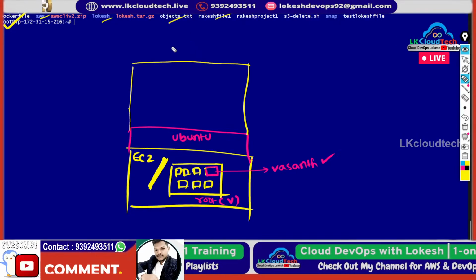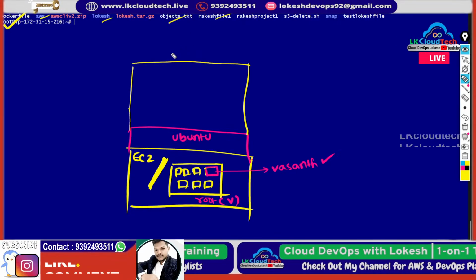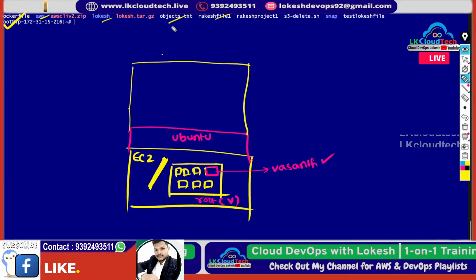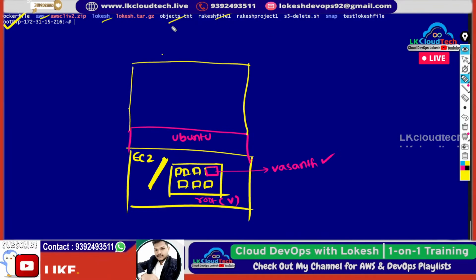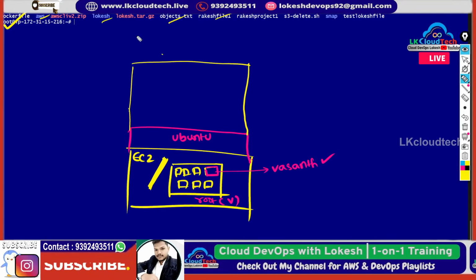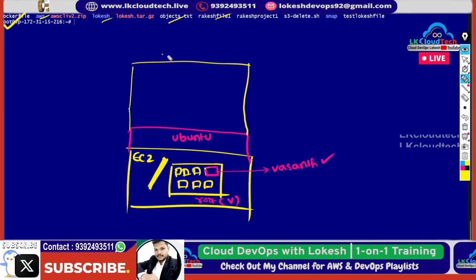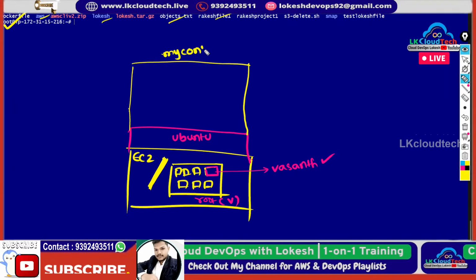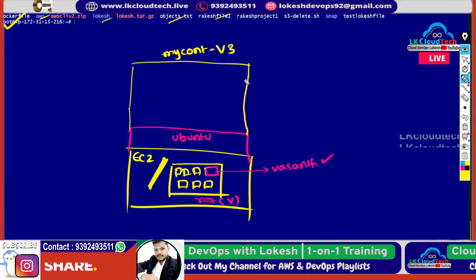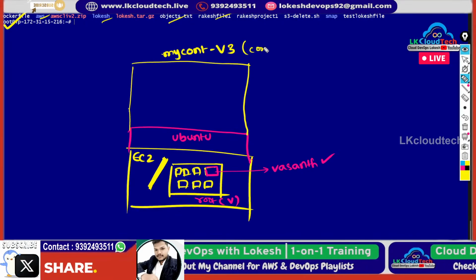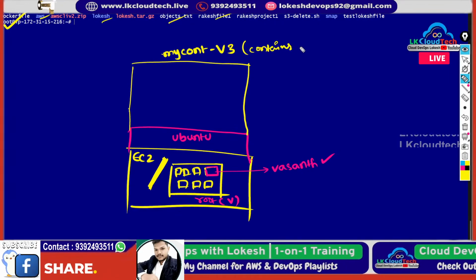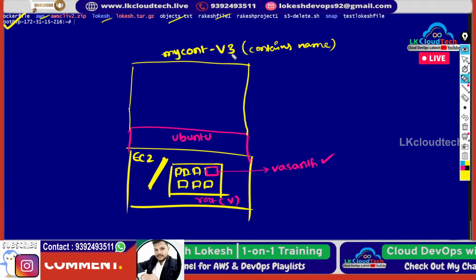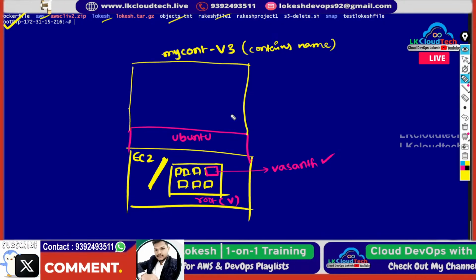Any different container name, please. I'll keep my container volume 3 as the container name. This is my container name, not a volume. Maybe in future, if you see this video, don't get confused. That's why I'm not using volume anywhere for the container names.